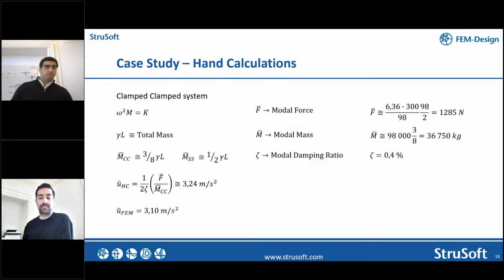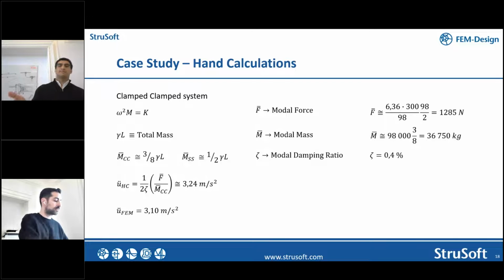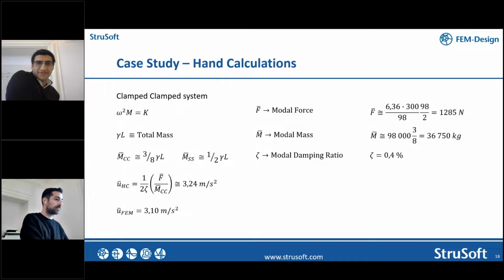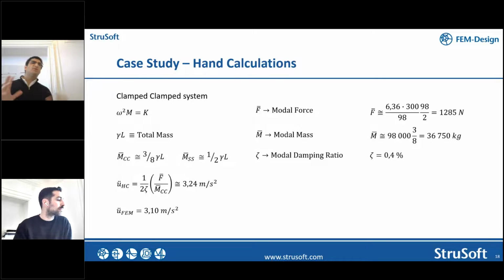So pretty much we have the simplest equation that characterizes any dynamic system. The modal stiffness is going to be equal to the modal mass of the system times the circular natural frequency squared. That's the first equation in the upper left-hand side of the slide. Then you have the total mass of the system, which would be your linear density multiplied by the span length. And then we need to compute the modal mass.